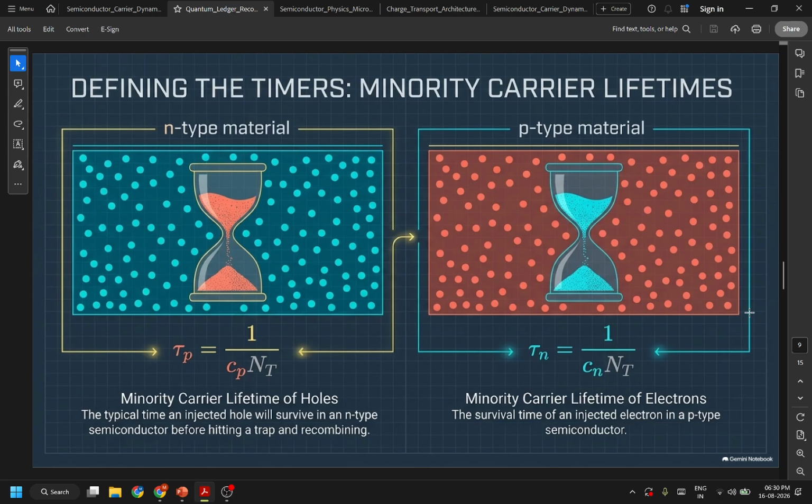In n-type material the minority carriers are holes, so hence we are talking about holes here. That's why it's tau p. Whereas in p-type material, the minority carriers are electrons, hence we are talking about tau n equals 1 by Cn Nt, where Nt is the total concentration of the trap states.